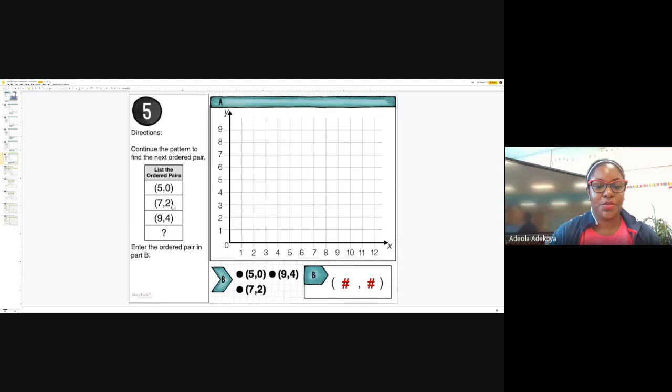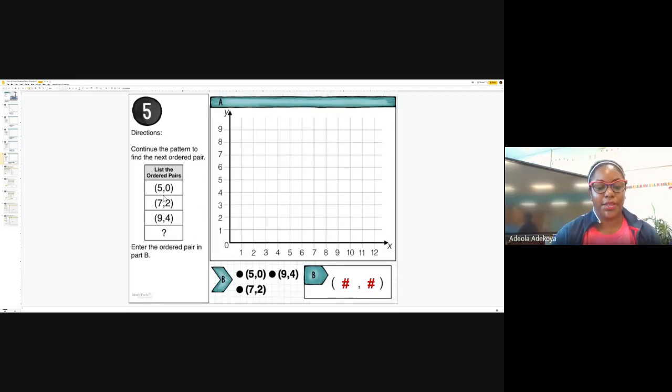And then I'm going up 2, 1, 2. And that's where the point is for that ordered pair. 9, 4, I have to count 9, and then I'm going to go up 4. So always remember that you're always starting from the X before the Y. X before the Y. We're going in the house and up the stairs.